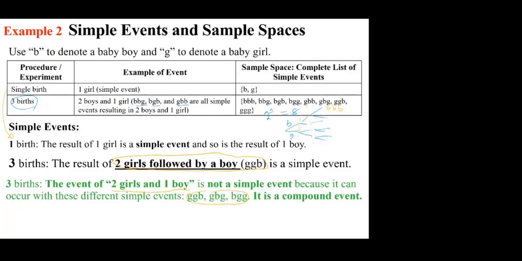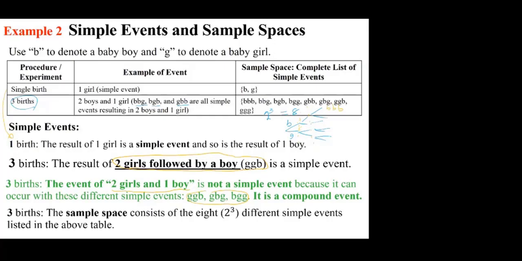This is no longer a simple event. It is known as a compound event. So as mentioned before, the sample space consists of 2 cubed, or 8 outcomes, or 8 simple events as listed above.